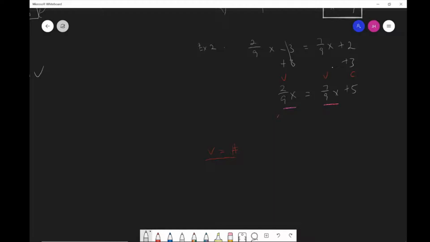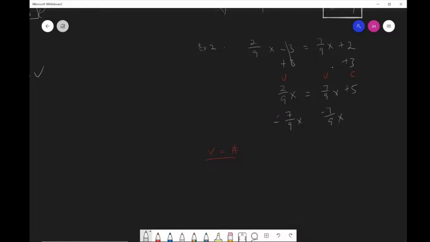And so what we can do is that we can minus 7 over 9x on both sides. Look again here, 7 over 9x minus 7 over 9x.